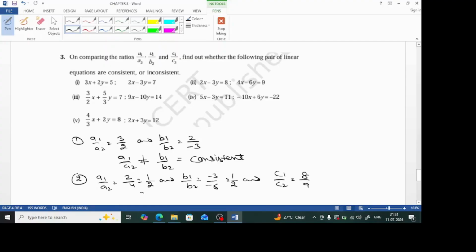It means a1 upon a2 is equal to b1 upon b2 but not equal to c1 upon c2. It means the system is inconsistent. Consistent means one solution. Inconsistent means they have parallel lines.